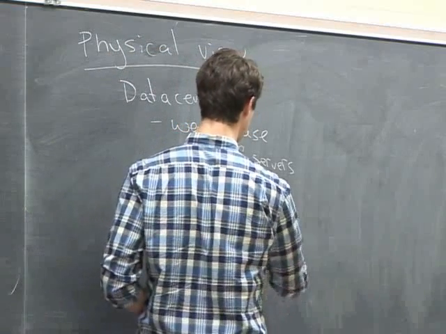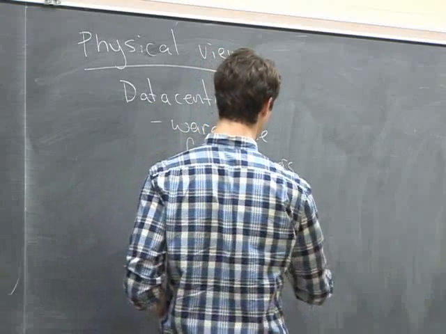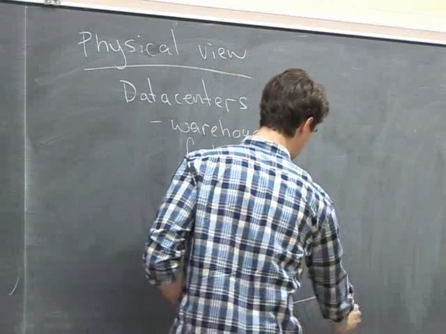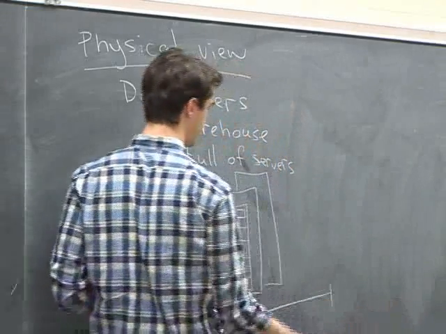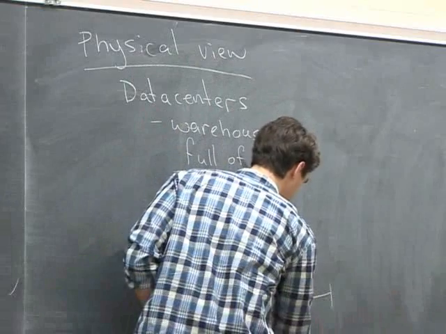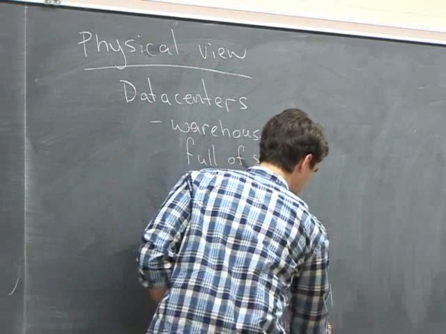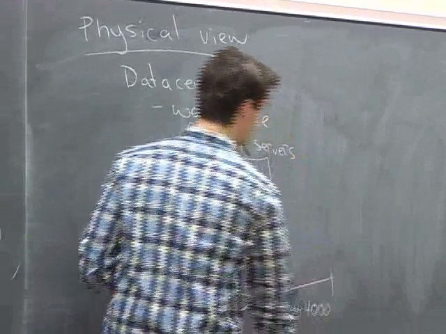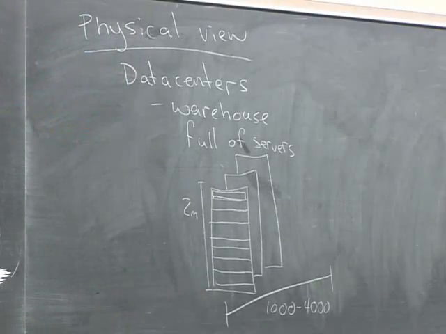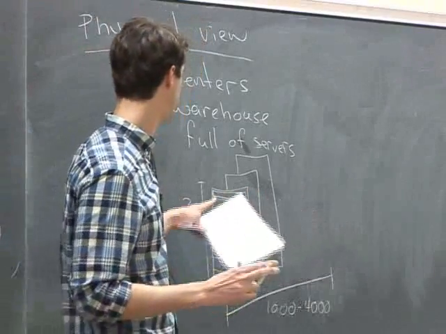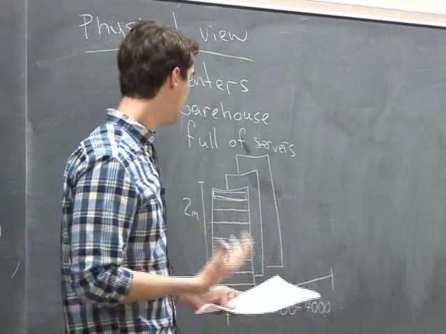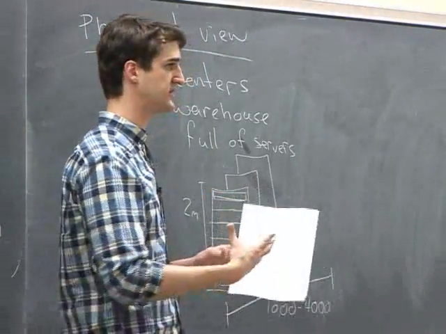And then you arrange these racks into rows, and each row has something on the order of 1,000 to 4,000 servers. These rows can be standalone, or what's common is to put them in a shipping container.